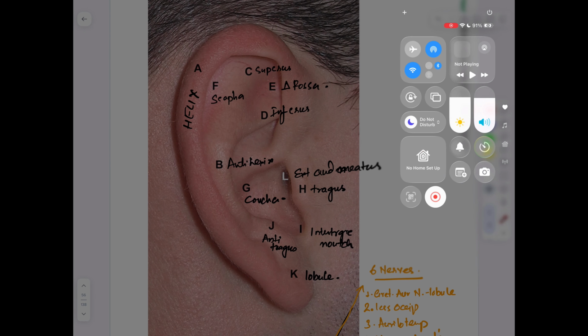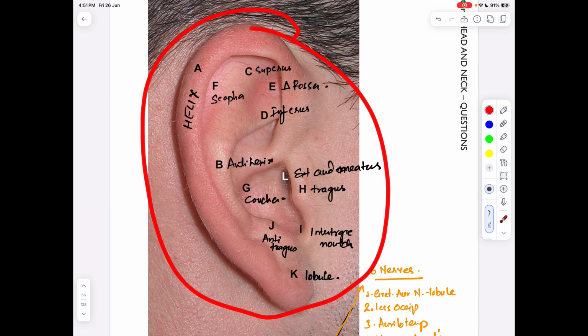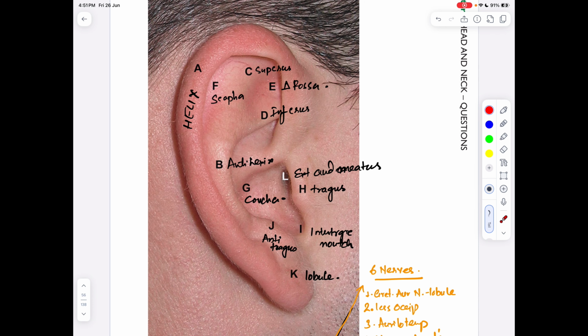So let's go to this station. This is the picture of the ear and the different parts of the ear. Everyone will remember this is the helix. If you see this as the helix, the opposite is the antihelix.